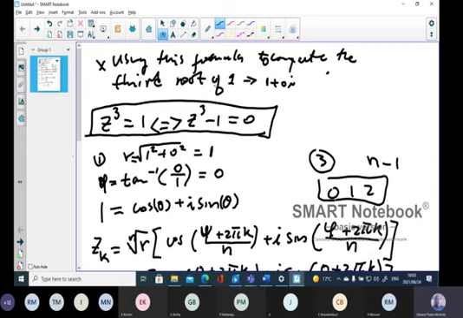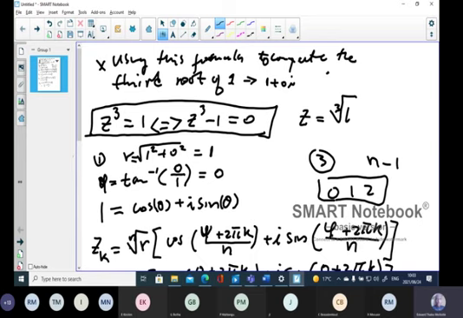They said determine the third root of 1. So this means they are asking you to determine z equals the cube root of 1.